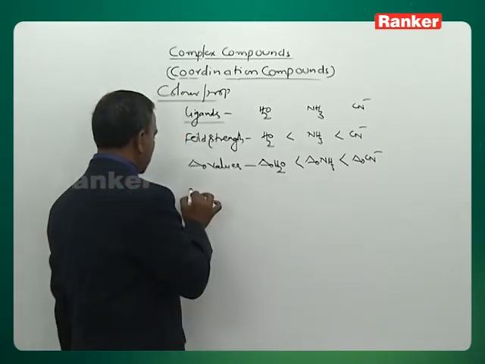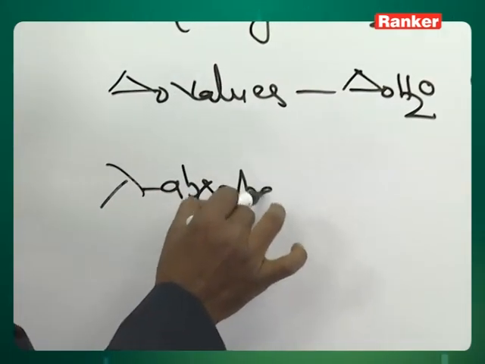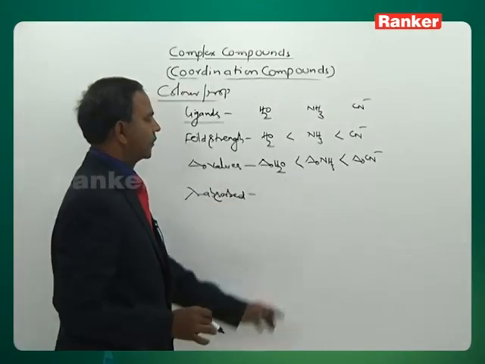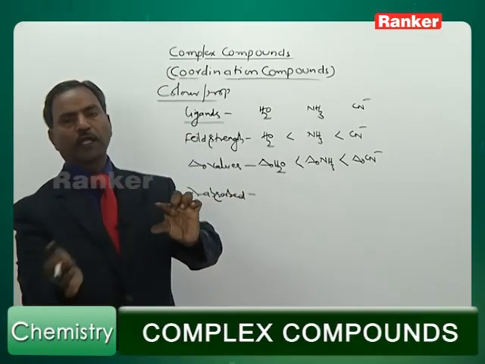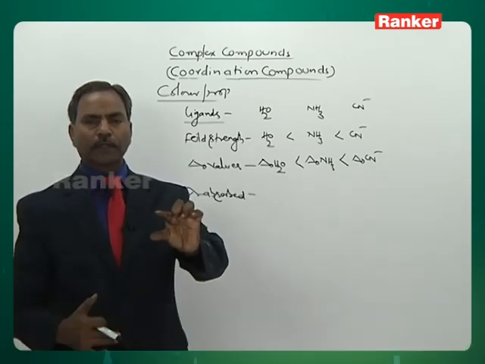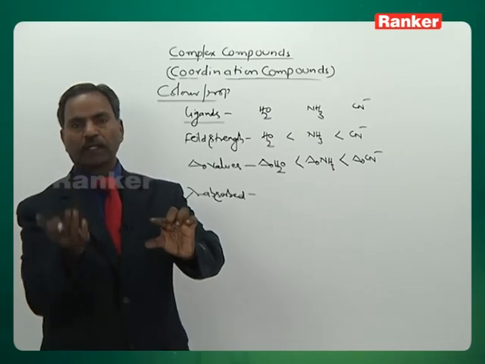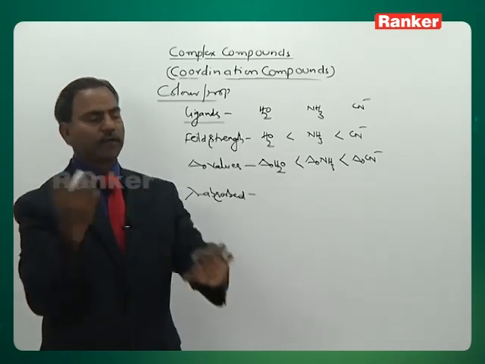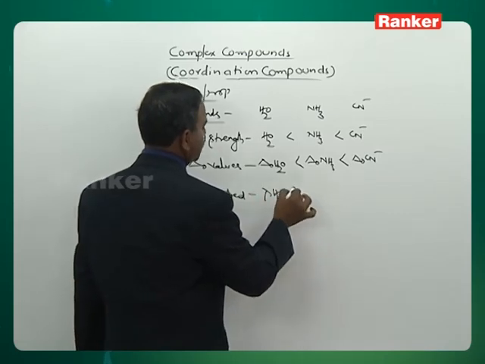Next, lambda absorbed. Observe this. A weak field ligand causes less splitting, no? Then a lesser amount of energy is required to make a transition between the d orbitals. Less energy means longer wavelength. Therefore, lambda of the H2O complex is more.